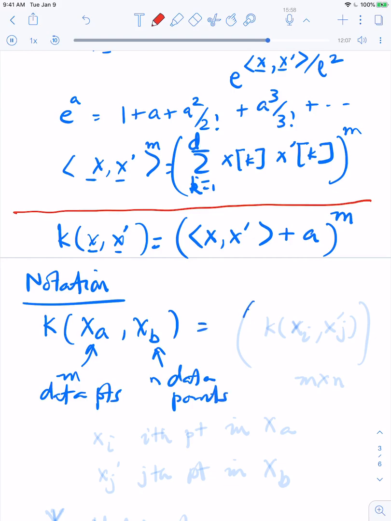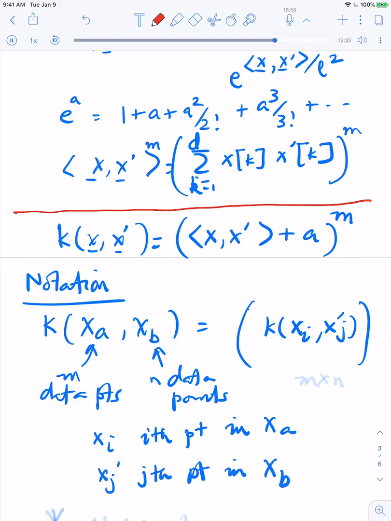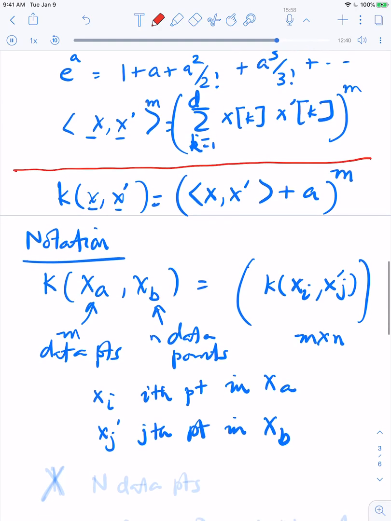What I have here is that the ijth entry is k(x_i, x prime_j), where x_i is the ith point in xA, and x prime_j is the jth point in xB, and this is an m cross n matrix of all these inner products between those data points.